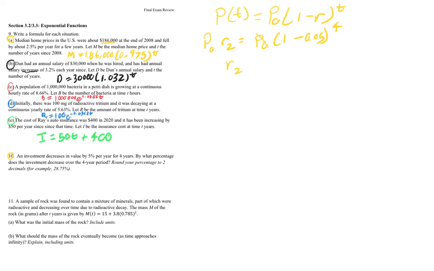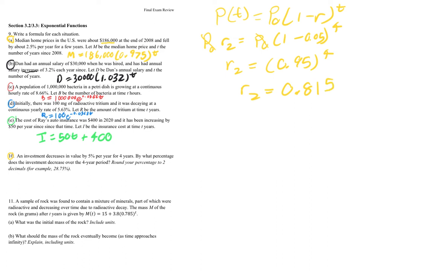So this R2, we're going to say is equal to 1 minus 0.05, which is 0.95, to the power of 4. So to find out how much our P0 changed by, we're going to say 0.95 to the power of 4. It's going to give us 0.8145.